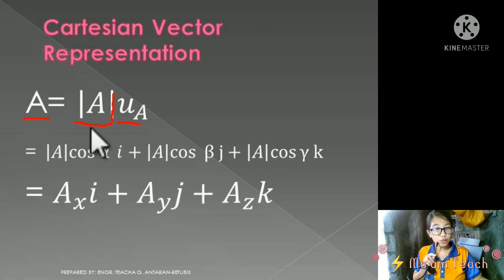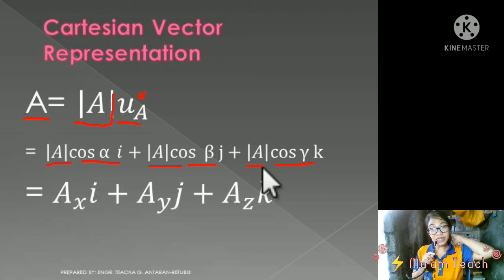And to do that, your unit vector is simply cosine alpha i plus cosine beta j plus cosine gamma k, and you just multiply it to your magnitude. That's why we have here the distributive property, so it distributes.